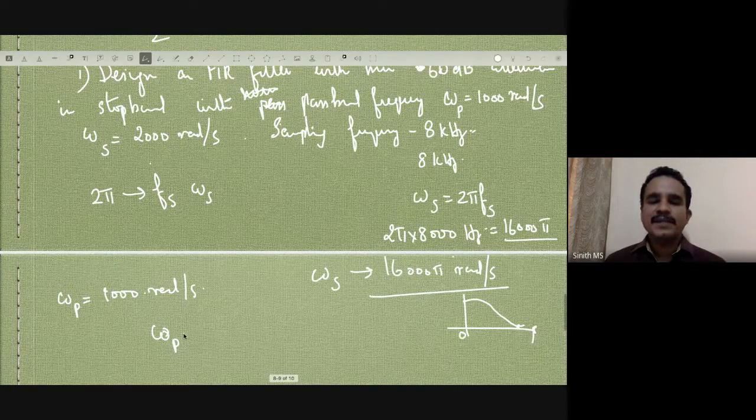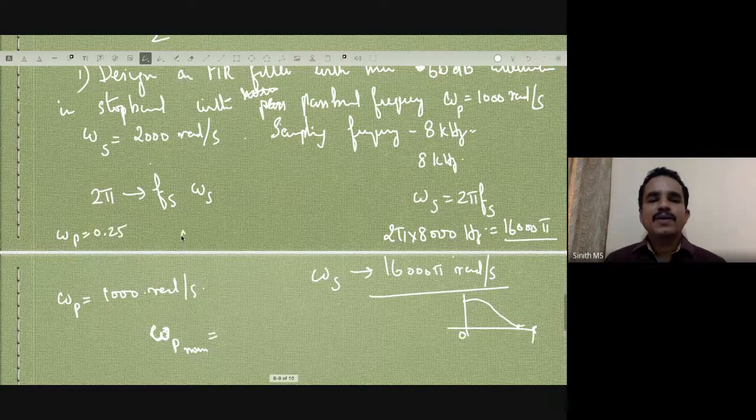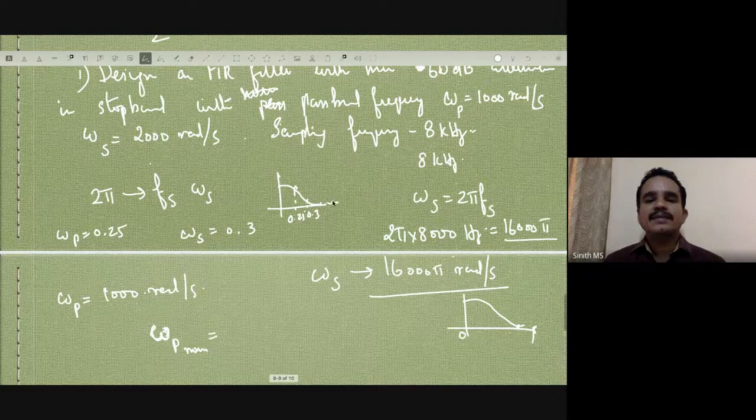You may be given omega p as 0.25 or omega s as 0.3, which represent that your pass band starts from 0.25 to 0.3 and the complete thing is to 1.